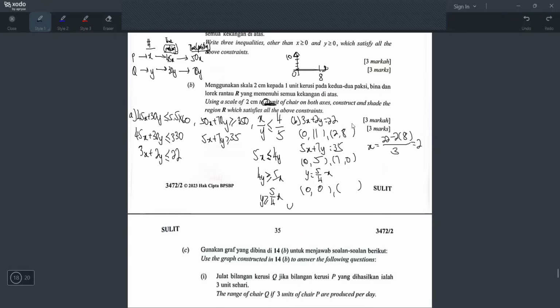Okay, so what other points you can put? 2 times 4. Wait, let me think. 22 minus. Okay, I think you can put 4. 4, right?